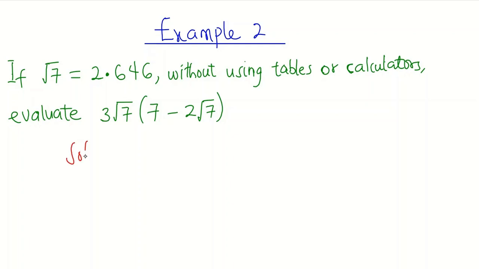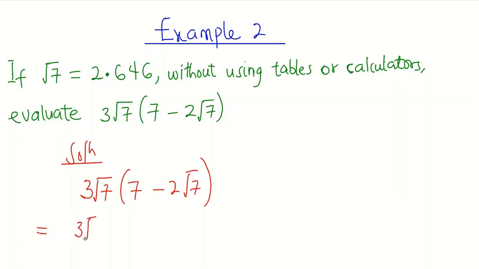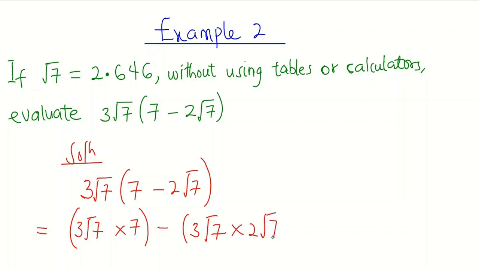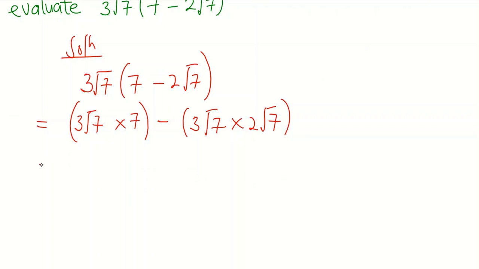So if that continues, then we're going to have 3√7 multiplied by (7 - 2√7), bracket closed. Now it implies 3√7 is going to multiply 7. We close our brackets, and we have minus 3√7 times 2√7.